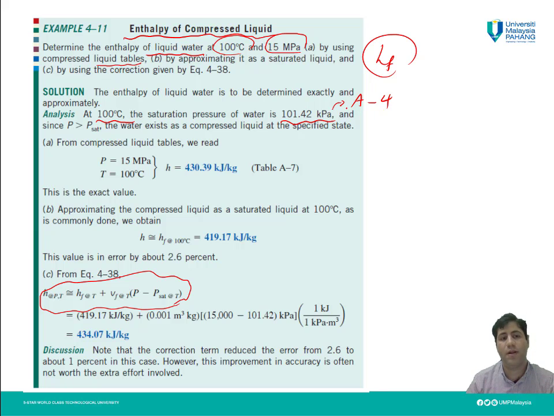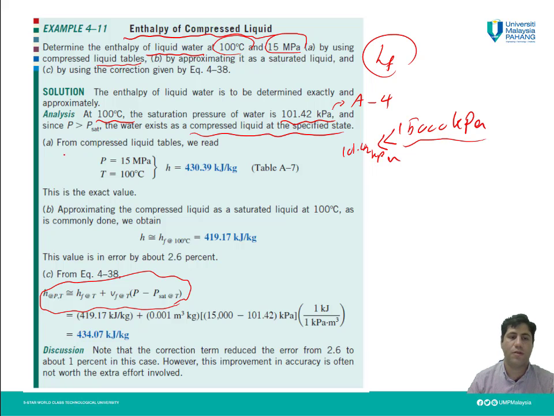If you go to table A4, you will find the saturation pressure for water at this temperature. But the pressure which we have here is 15 megapascal, or 15,000 kilopascal, which is much higher than 101.42 kilopascal. In other words, here we have a compressed liquid.